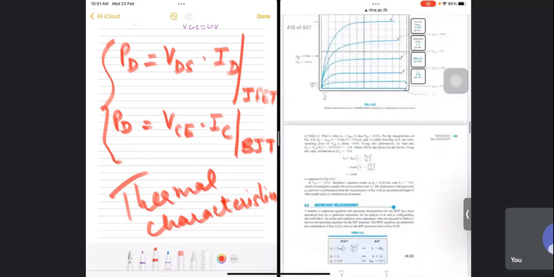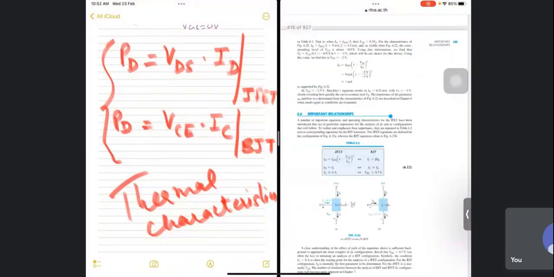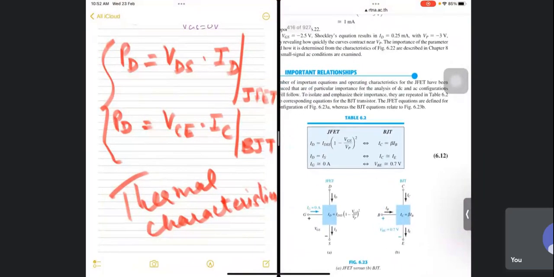So yeah, this is what you can see now. Can you see equations of both the things? So drain current is equal to source current here.